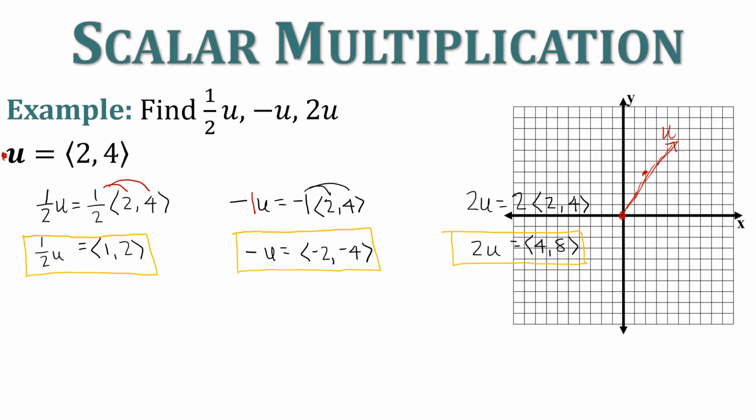We can graph 1/2 u in green. That's going to be out 1, up 2. So there is our vector there. And negative u, we're going to graph it in a lighter blue. So that's going to be <-2, -4>. So we can see that this vector has simply been reflected over into quadrant 3.